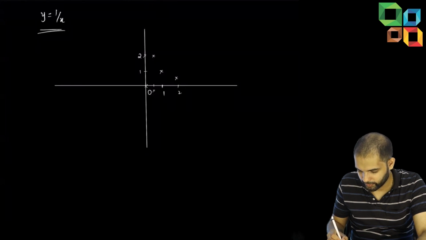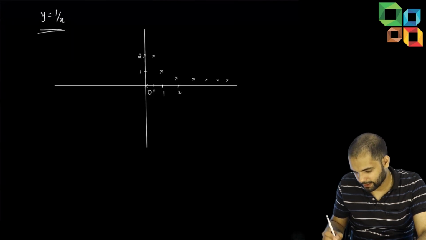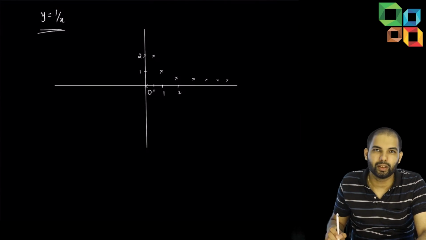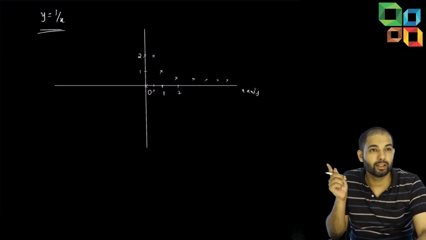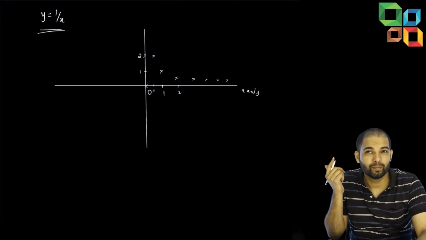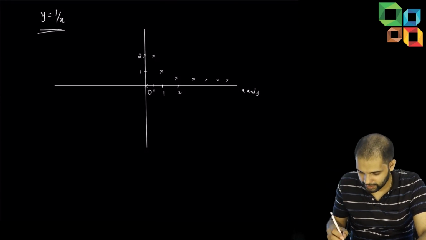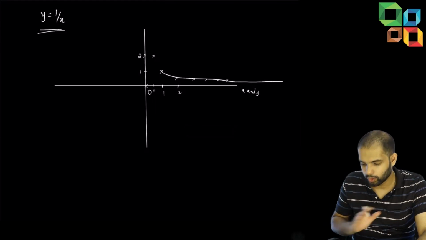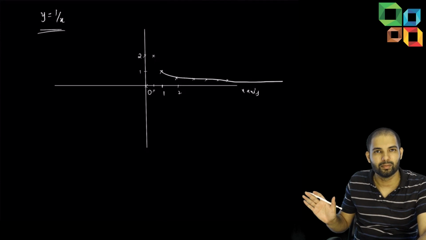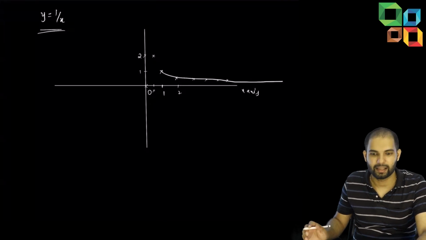It's not exactly half of this, but it's still certainly less than that. Then you will get 1 by 4, then 1 by 5. Certainly it's going less, but it will never touch your x-axis. This is the x-axis because y can't be 0. We have seen it only at infinity. Correct. So we're not going to touch 0. So I think I can extend the graph. It will go something like this. Very close to the x-axis as we increase the numbers, but not exactly touching the x-axis.